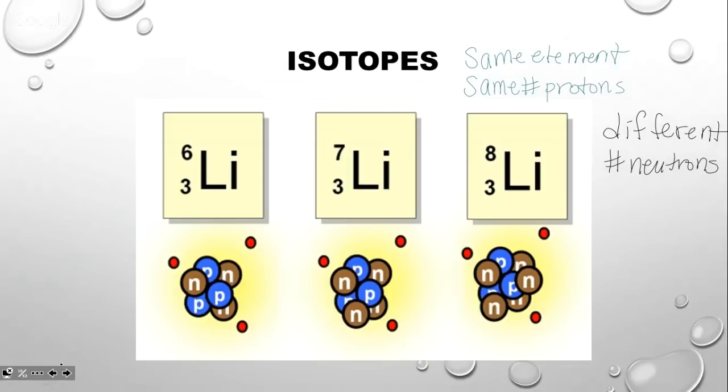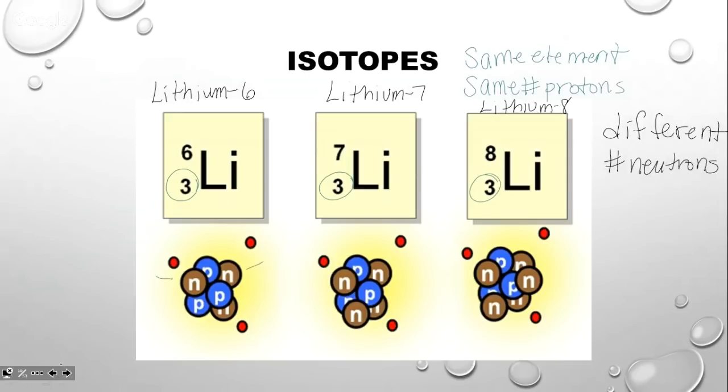So for example, we might have lithium 6, lithium 7, or lithium 8. These are 3 different isotopes of lithium. They have the same atomic number, which means they have the same number of protons, but they have different numbers of neutrons.